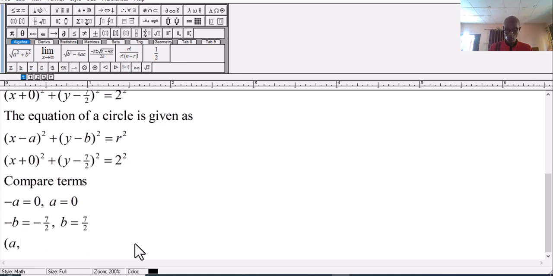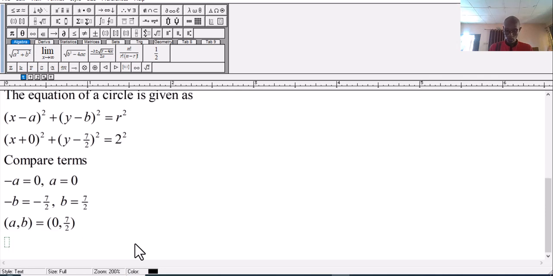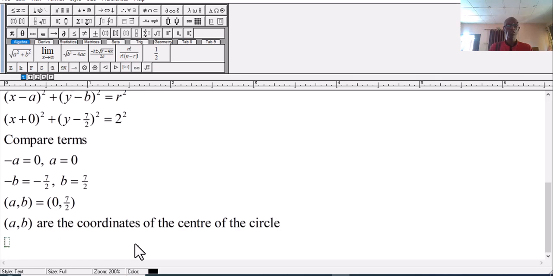So our a comma b equals 0 comma 7 over 2. So note that a comma b is the coordinate of the center of the circle.